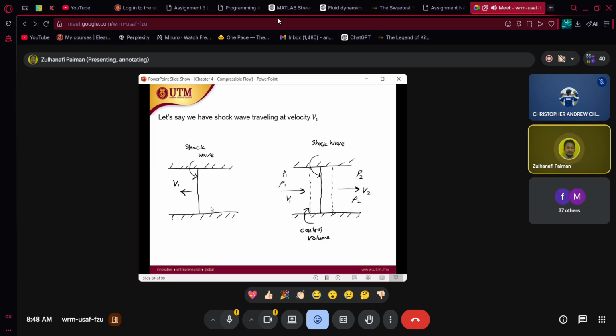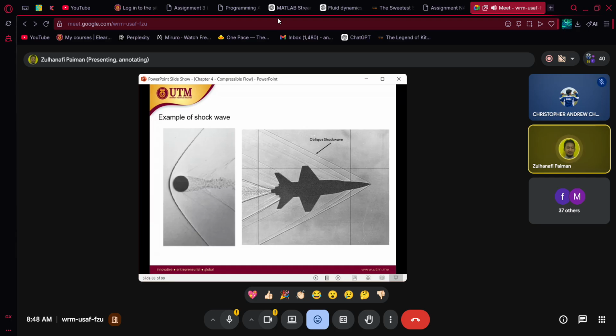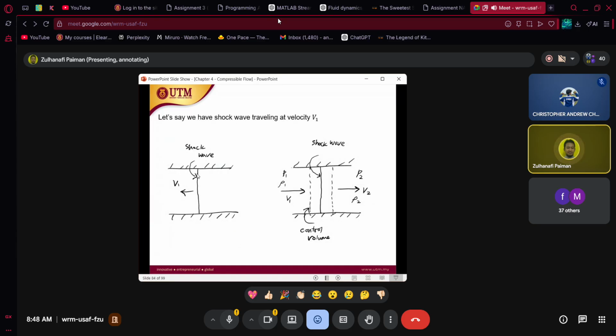So let us analyze our shock wave here. Let's say we have a shock wave traveling at the velocity of v1. You can see this one. This is the shock wave, traveling at the velocity v1. Of course, there should be a supersonic flow.